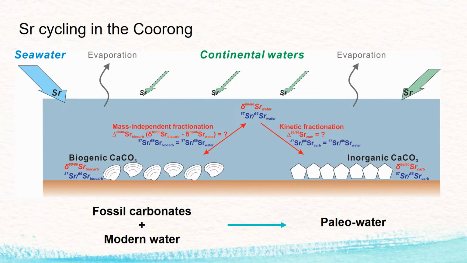And according to many pioneer studies, such fractionation in stable strontium isotopes between modern shells and water should be constant regardless of environmental factors. And this forms a basis of reconstructing the paleo water conditions.